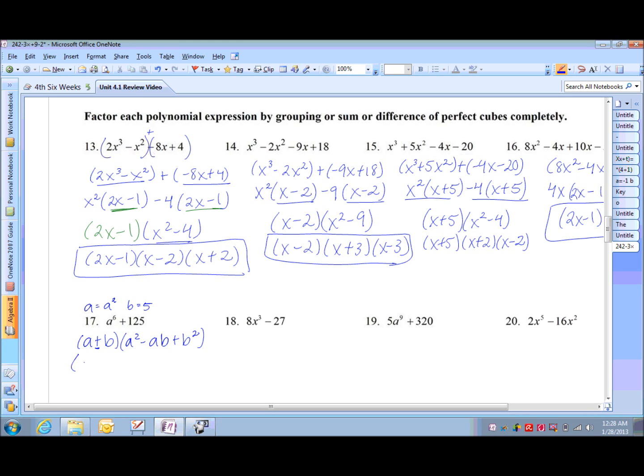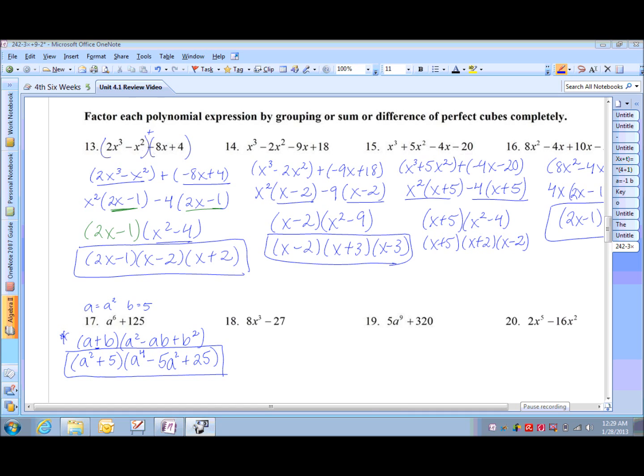So x squared plus 5, and then a squared, when we plug in our a value of x squared, squared is x to the 4th, and then minus ab, which is 5x squared, plus b squared, which is 25. And that is your final answer for 17.